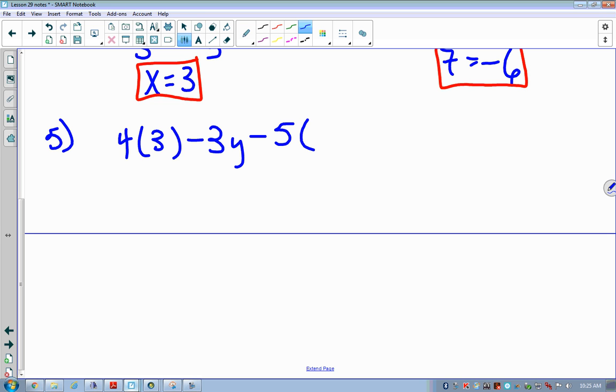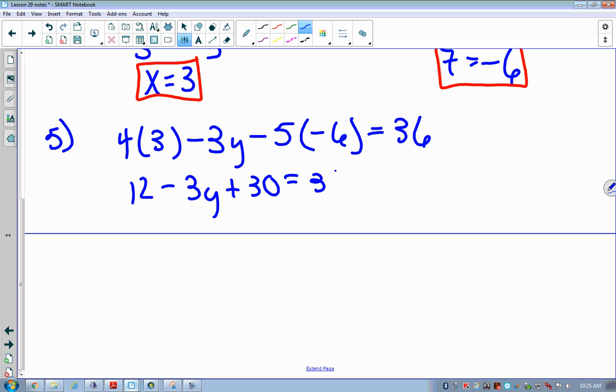Minus 5, so substitute in negative 6, equaled what? 36. Okay, so 4 times 3 is 12, minus 3y plus 30 equals 36. Right, combine like terms, negative 3y plus what, 42 equals 36.